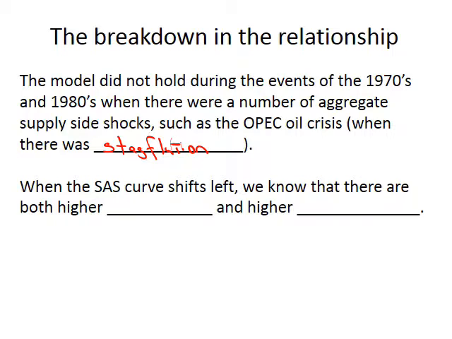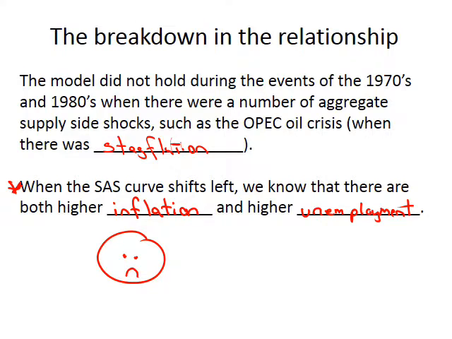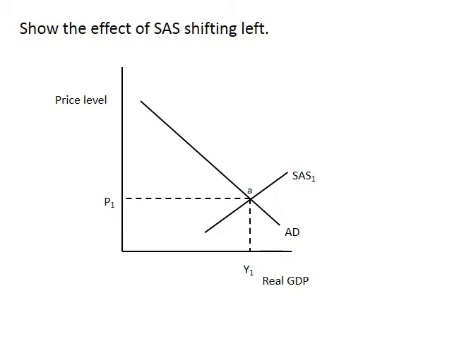And when the SAS curve shifts left, we know that there's both higher inflation and higher unemployment. So in this case, a very undesirable situation. So let's look at what happens when SAS shifts left.